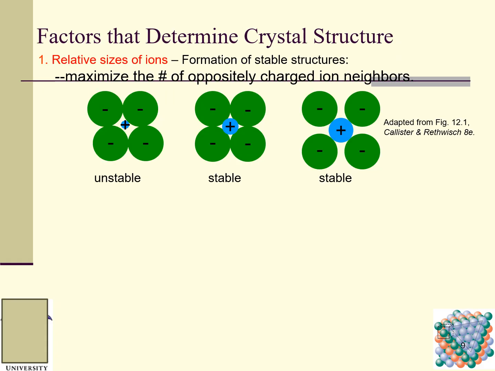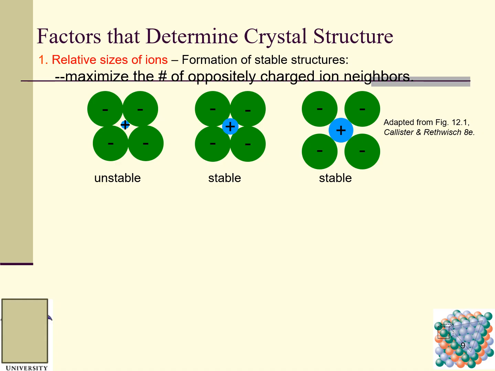And the factors that determine the crystal structure. We talk about this one. First one is the relative size of the ions. So formation of stable structure means a maximum number of oppositely charged ion neighbors. So this one is unstable, and these two are stable.